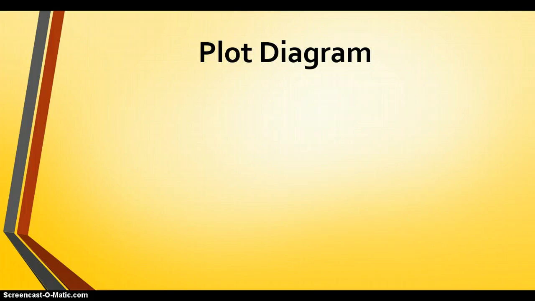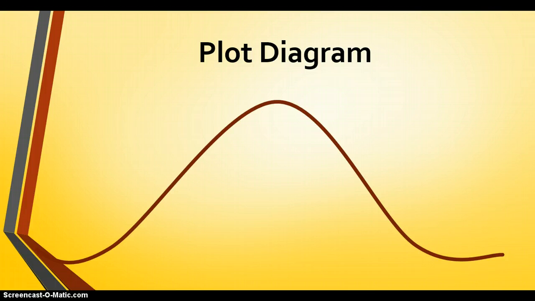The plot diagram, as stated before, is divided into 5 sections, and it is a mountainous type structure. At least the mountain is the way it feels as you are reading a story. We've all read stories, and the excitement builds and builds and builds, and as you work your way up the mountain, or the excitement in the story, that is when the plot is being experienced.